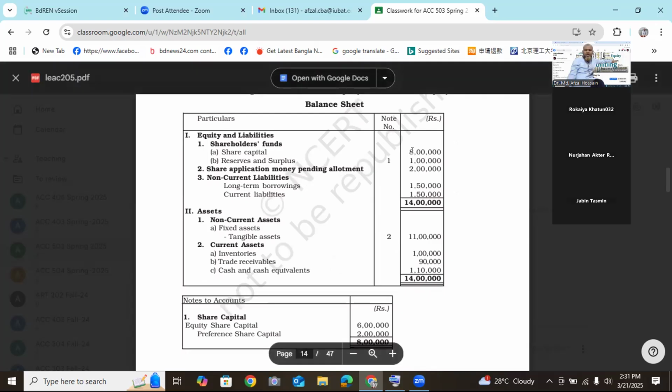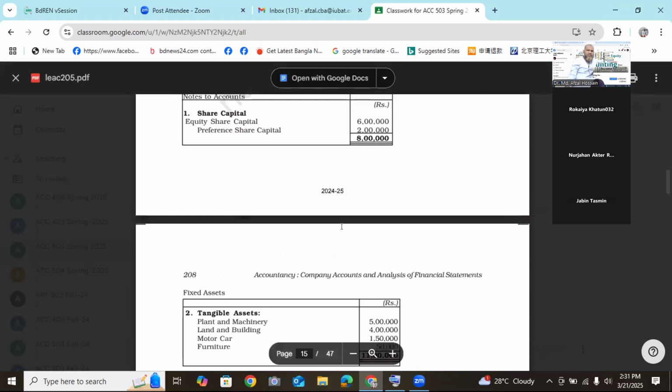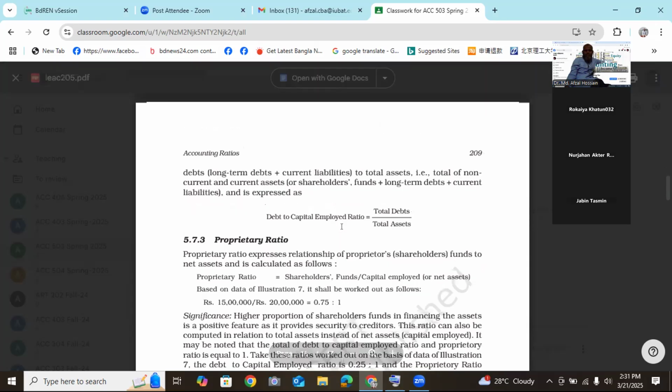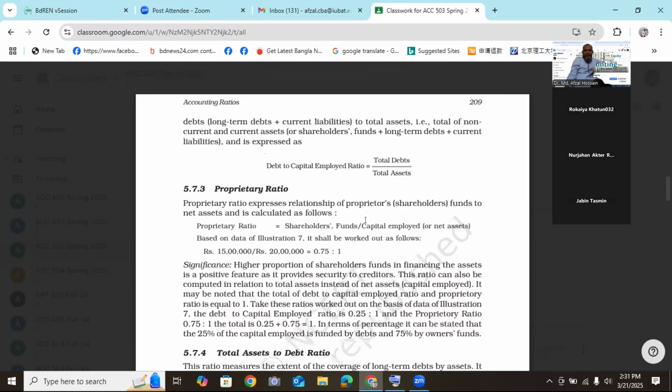Shareholder equity is also called the net asset. Capital employed and net asset should be the same amount.